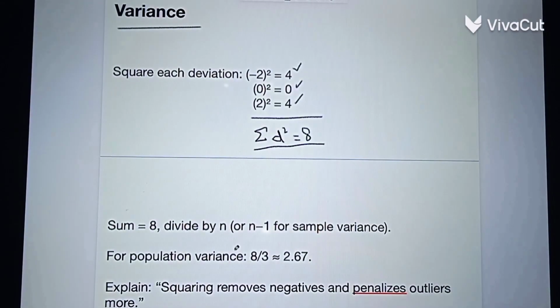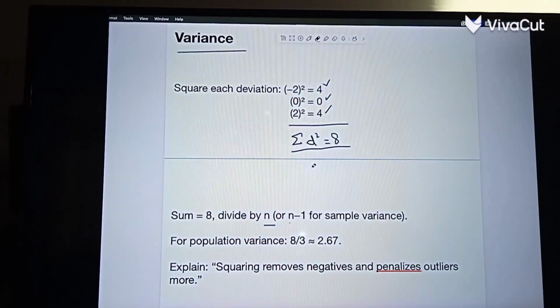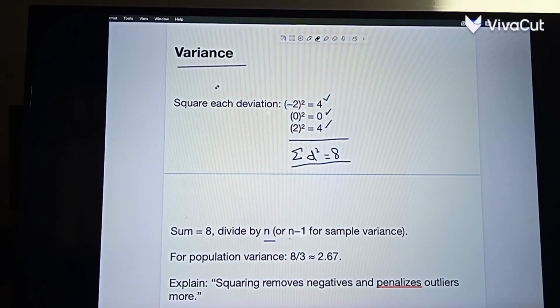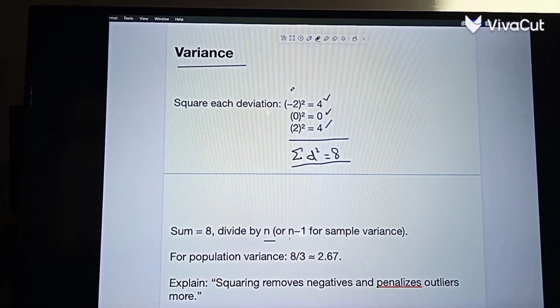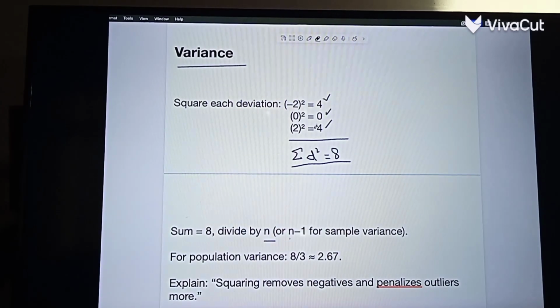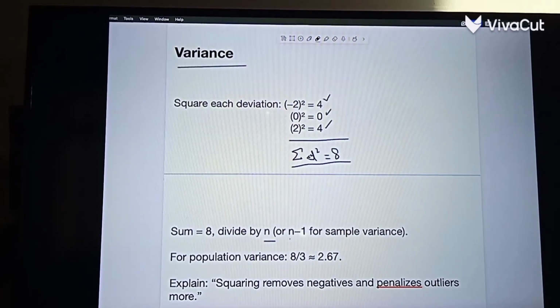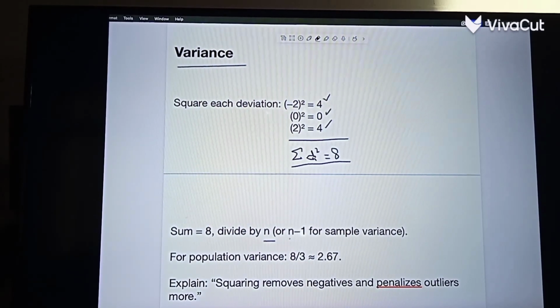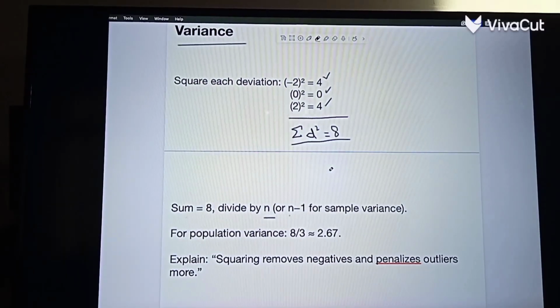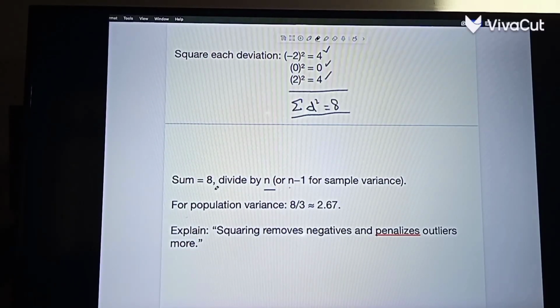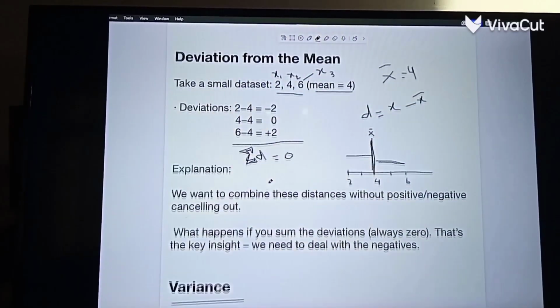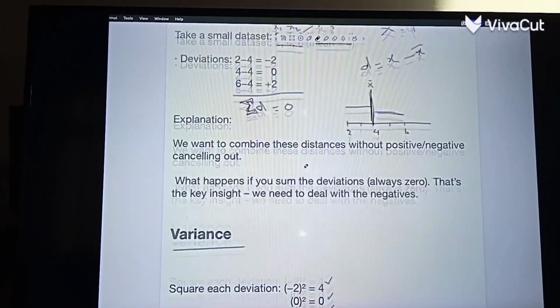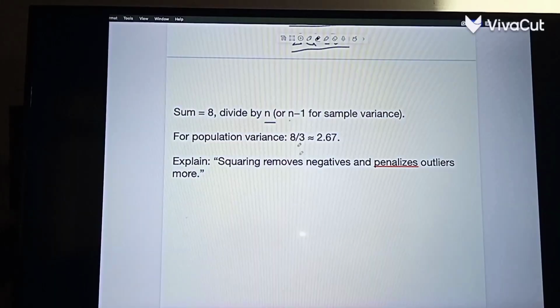Now to find variance, we divide it by n, or n minus 1. Okay, so for the calculation of variance, we introduced the idea of square deviation. Here we have taken the sum of the square deviation, which was 8, and now divide it by n, where n was 3 here, because there were 3 values in this small data set.